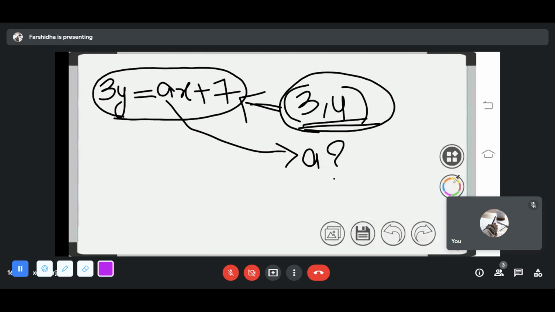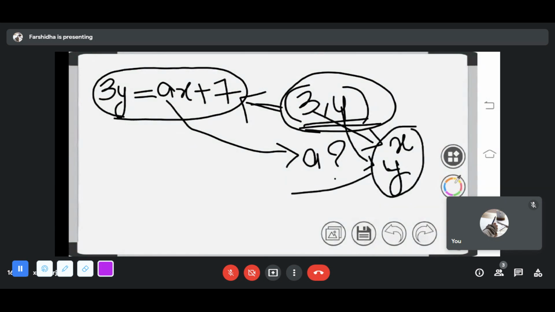In the equation, this 3 represents what? X value. And this represents the Y value, right? So you can replace this X and Y in this equation by 3 and 4, and you can find the value of A.